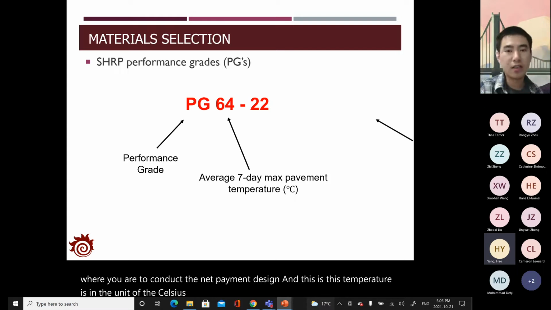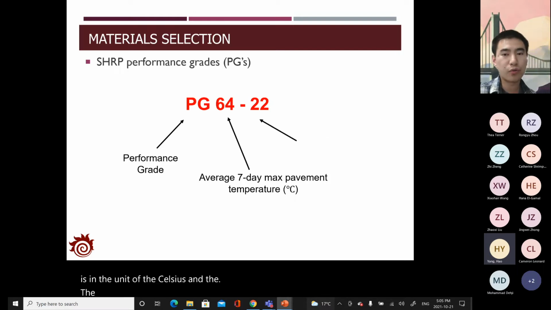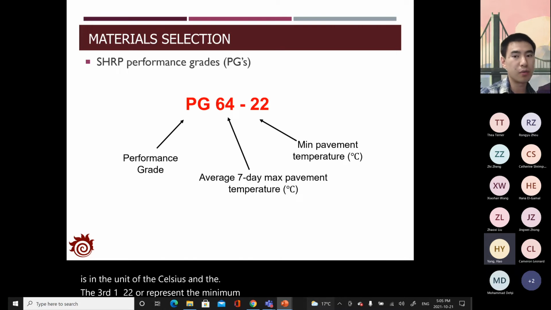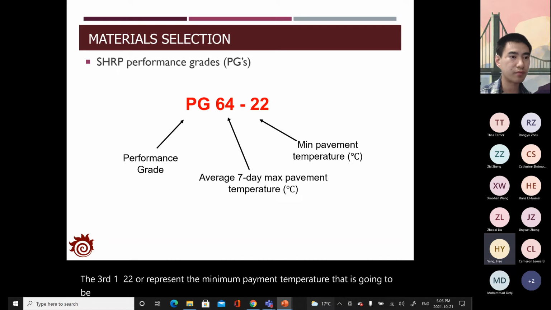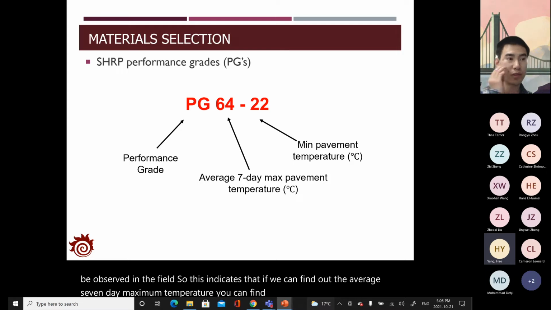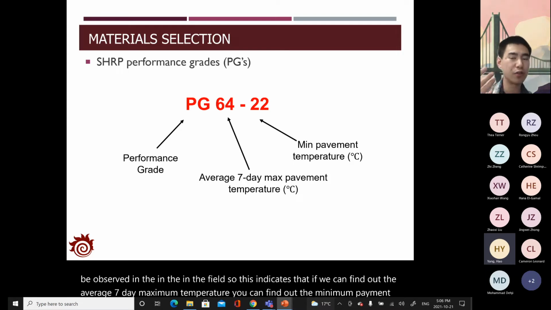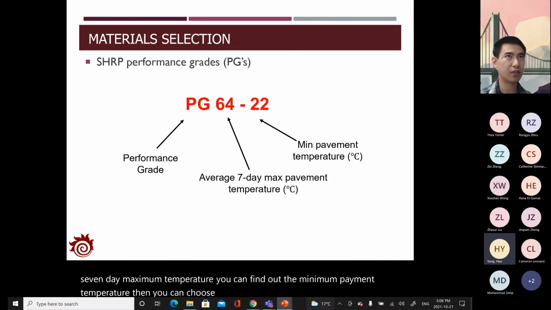And the third one, minus 22, represents the minimum pavement temperature that is going to be observed in the field. So if we can find out the average 7-day maximum temperature and the minimum pavement temperature, then you can choose the asphalt binder based on this grade.